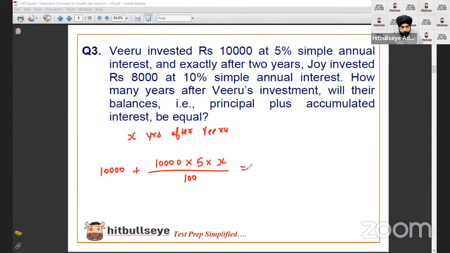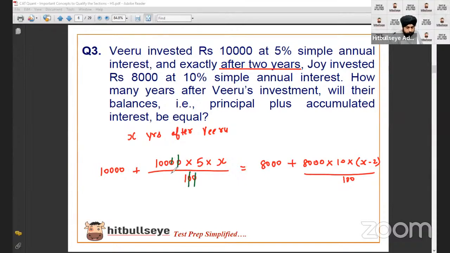Now that should be equal to 8,000 plus 8,000 into 10 into, can I say the time period for Joy will become X minus 2. Why will it become X minus 2, people? Because Joy invested his money 2 years later. So if it happens after X years of Viru's investment, it will be after X minus 2 years of Joy's investment. So people, let's solve it.